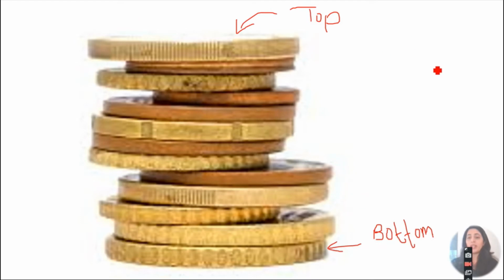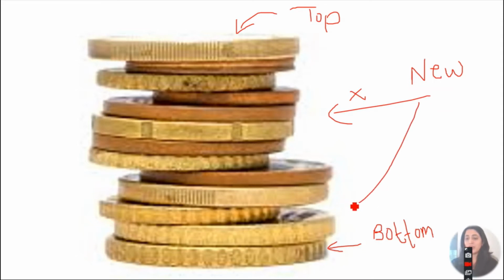We can always keep a new coin. Whenever we want to place a new coin, we cannot place it in between. If we try, it will not succeed. We cannot place it at the bottom, it will not succeed. A new coin will always go in only one place, and that is on the top.